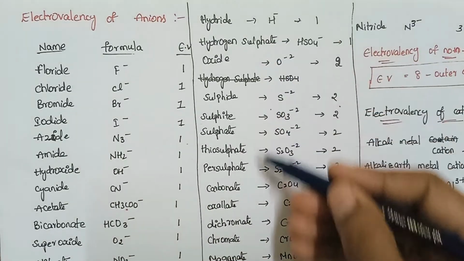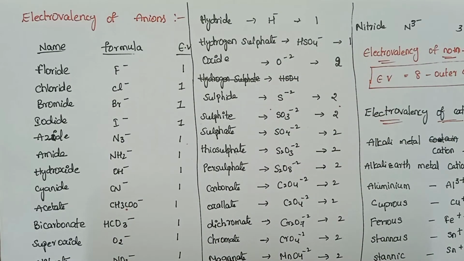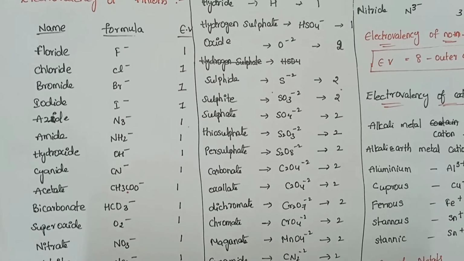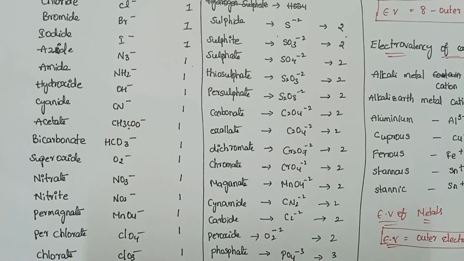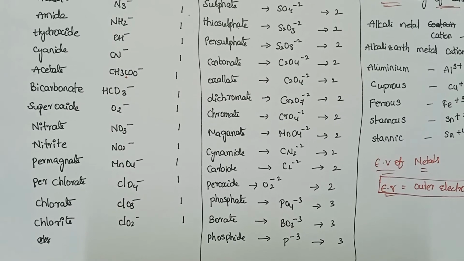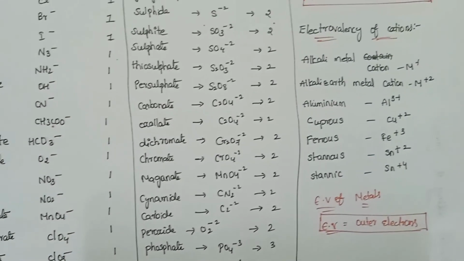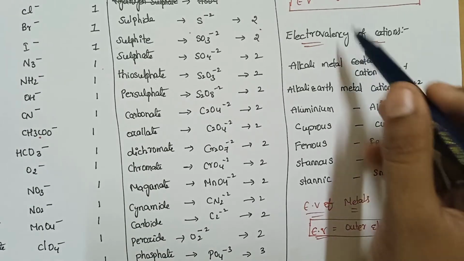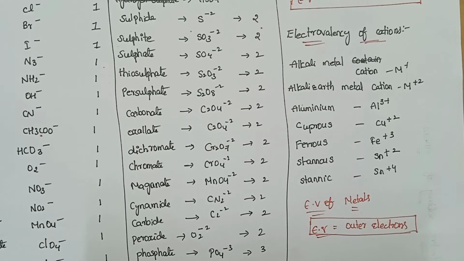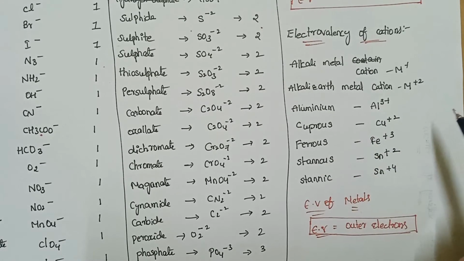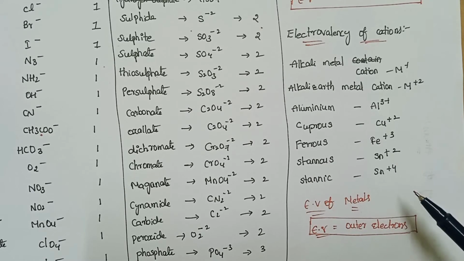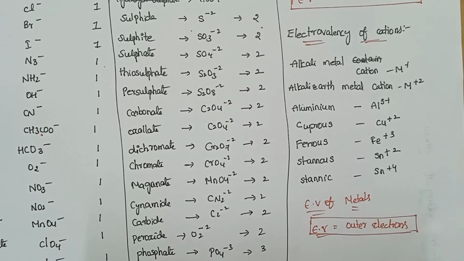So these are the electrovalencies of anions. And these are the electrovalencies of cations. Alkali metal cation 1, alkaline earth metal 2, aluminium 3, cuprous, and so on. So go through these once.